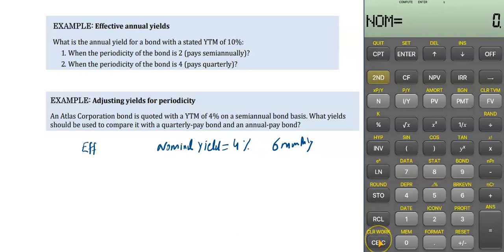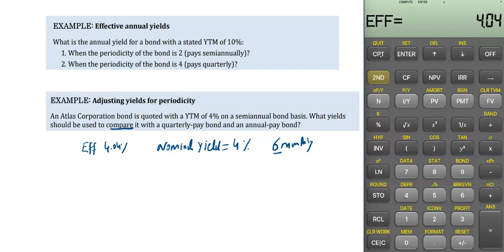Second and clear work. Nominal rate is 4%. Enter. Previously there was twice compounding in a year. Effective annual rate will be 4.04. So what yield should be used to compare it?